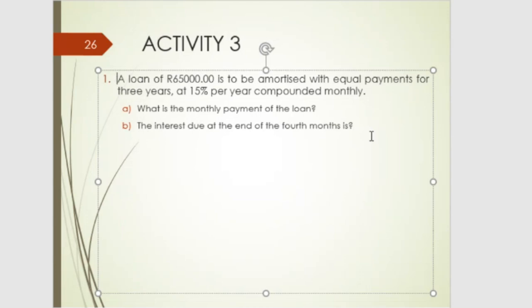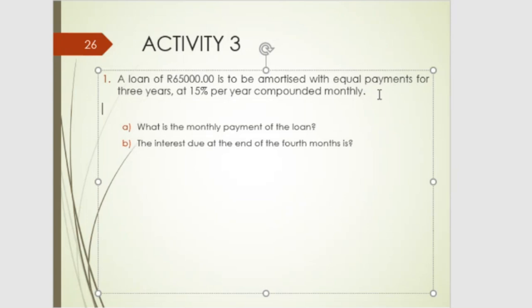All right, so let's see what is given. The first one is something that we've been doing all along. Let's just put in what is given. We're given the present value, which is 65,000, to be amortized with equal payments for 3 years, compounded monthly.